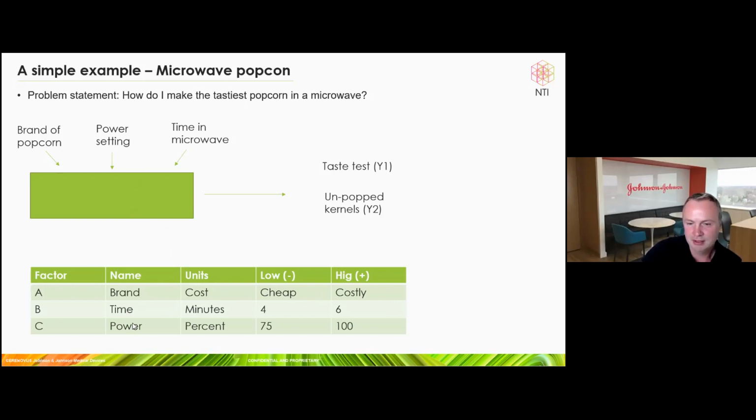Okay, so time is in minutes, power is in percent power, and their output in this scenario is the taste test. So does it taste good? And also they want to be efficient, and they want to pop as much of the popcorn as possible. So it's unpopped kernels.